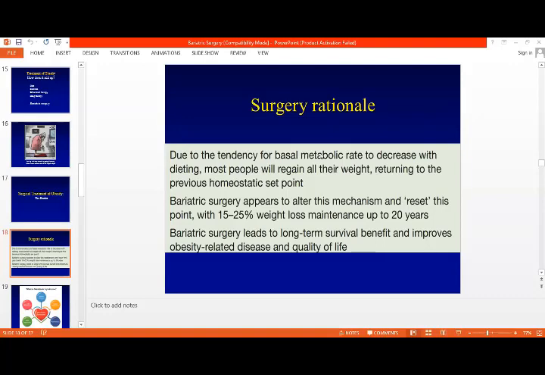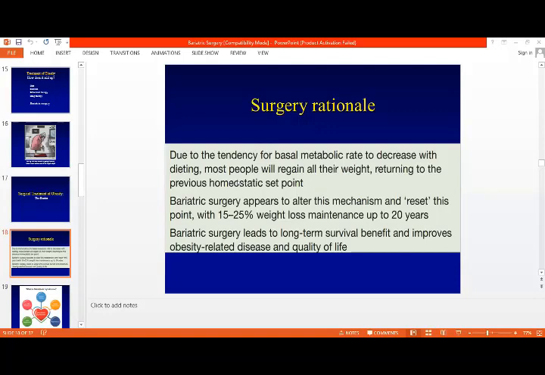And because of that decrease in basal metabolic rate, you regain your weight again, and your body's homeostatic system sets its point again to the previous weight by reducing the basal metabolic rate. So dieting causes a decrease in basal metabolic rate, which causes weight to return to the previous homeostatic set point again, despite all the dieting. That's the reason in the initial part of the dieting, you lose a lot of weight, but later on your BMR goes down and weight goes up again.